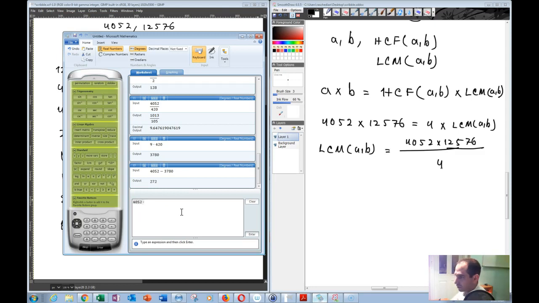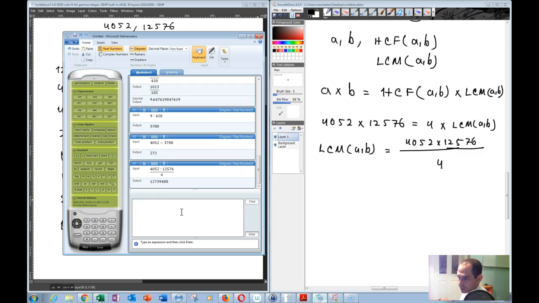4052 times 12,576 divided by 4 is actually this fairly large number. Let me do this again. 4052 times 12,576 and divide that by 4.